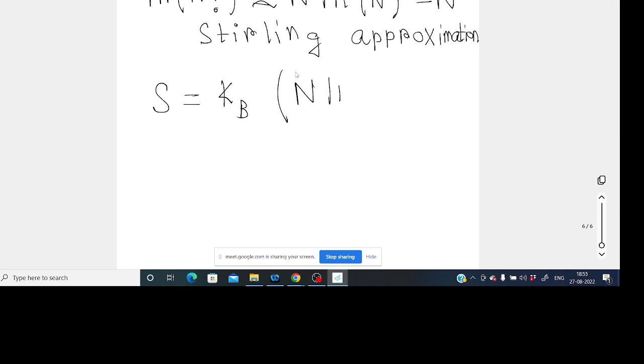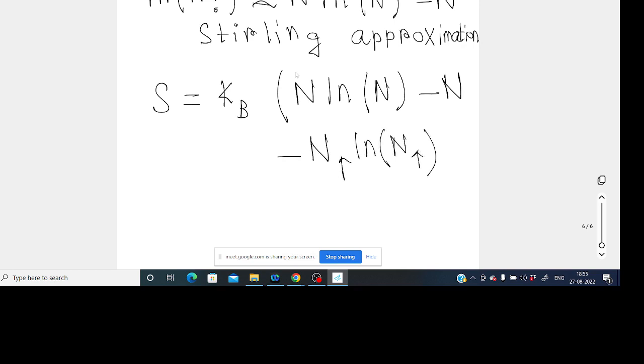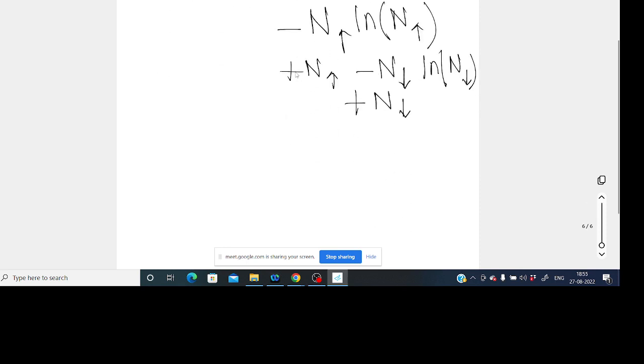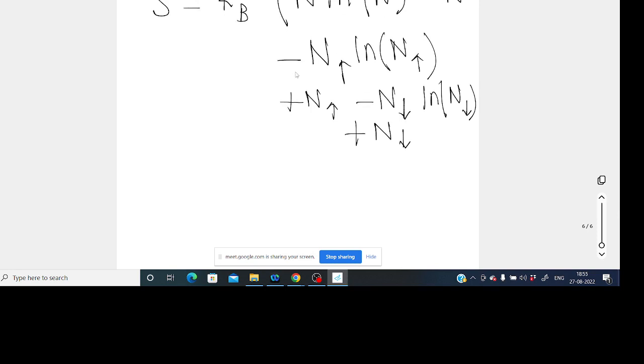So what will you get? We get this expression here. N up plus n down is equal to n, so this and this cancel out.